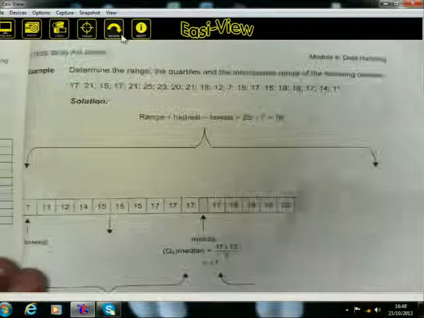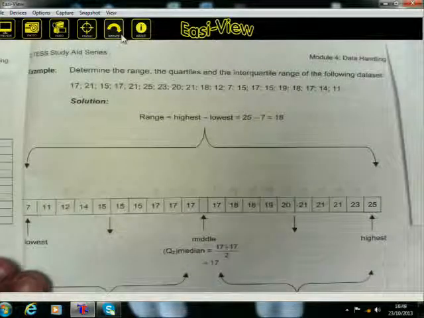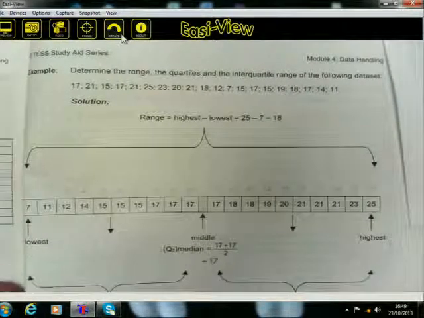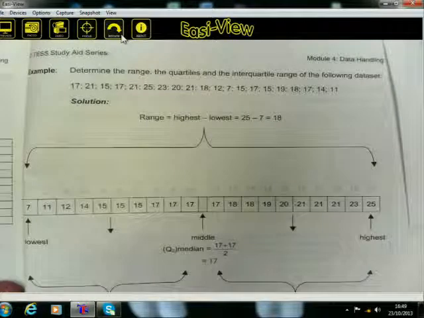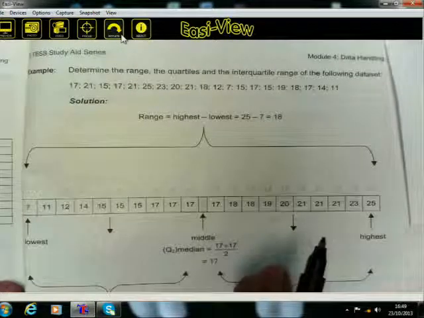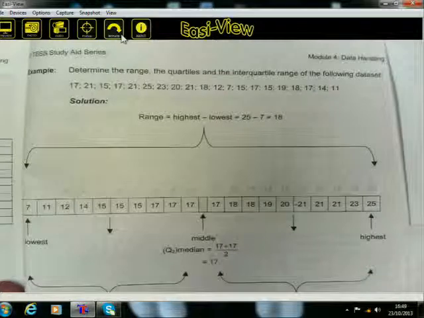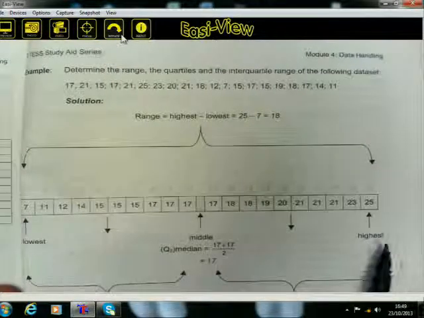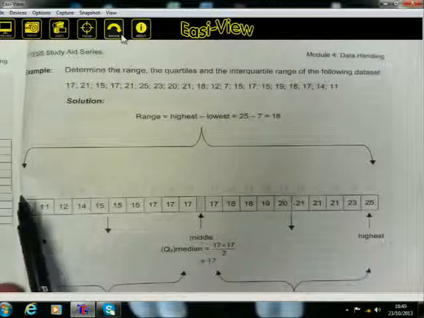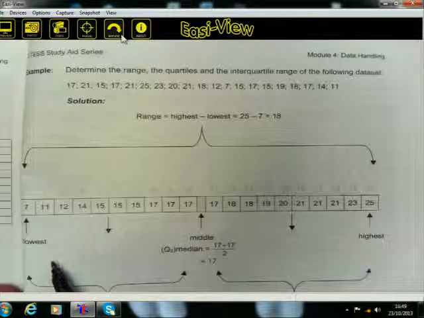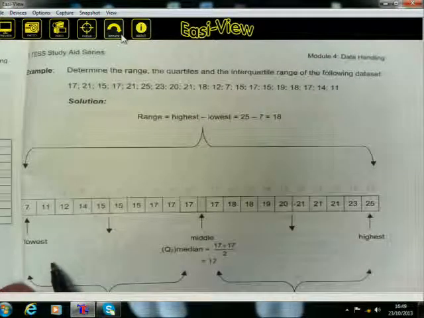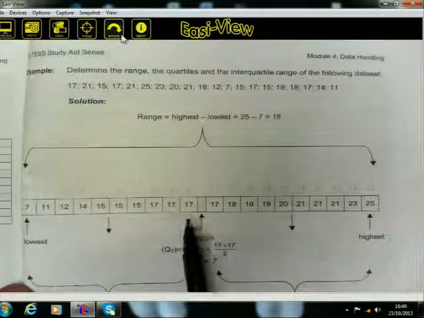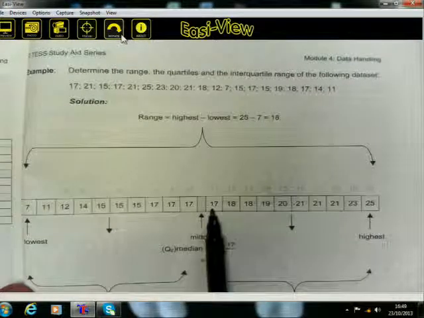Now, let's check it. Remember, if it's an odd number, you go straight to the center one. Now, if you look at this one, it's not an odd number. It's having 1 up to 20. That means number 10 and then number 11.